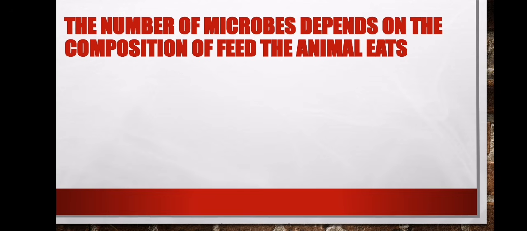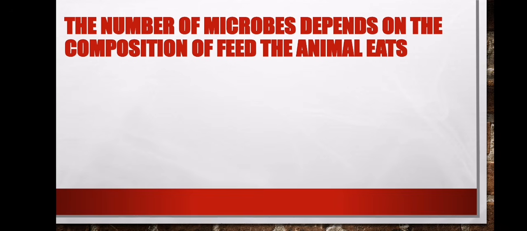What do I mean by this? We simply mean that the population of these organisms will depend on which type of feed the animal has ingested. Let's say the animal eats cellulose.